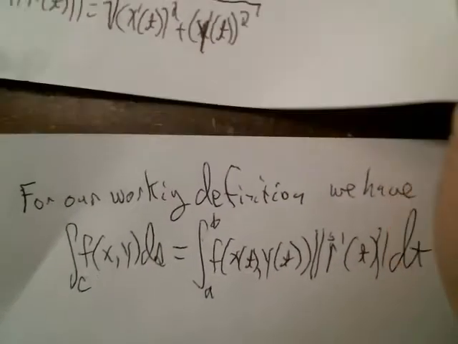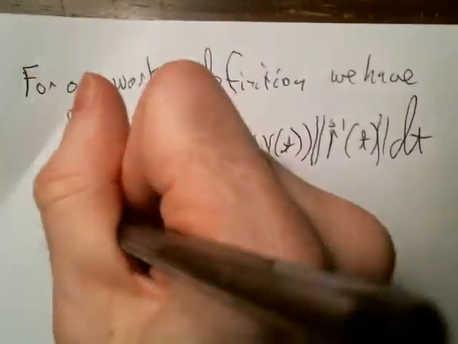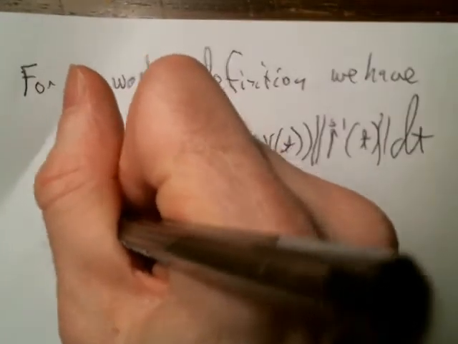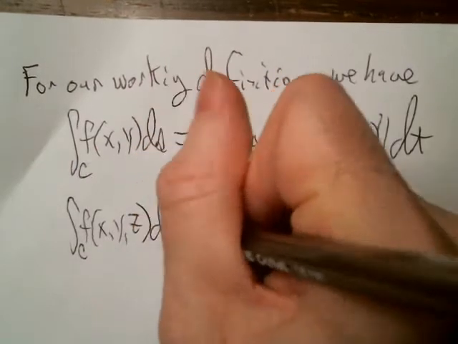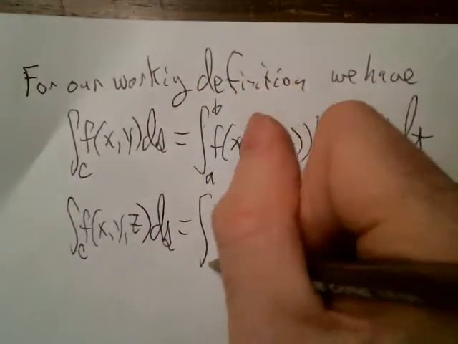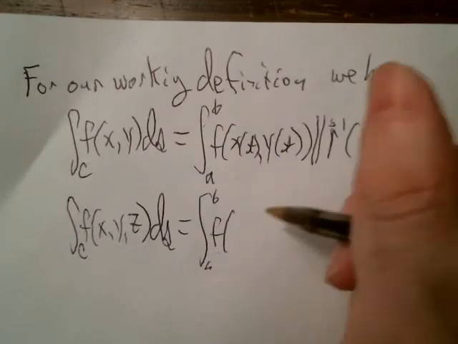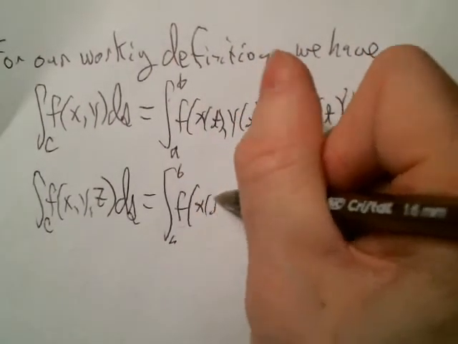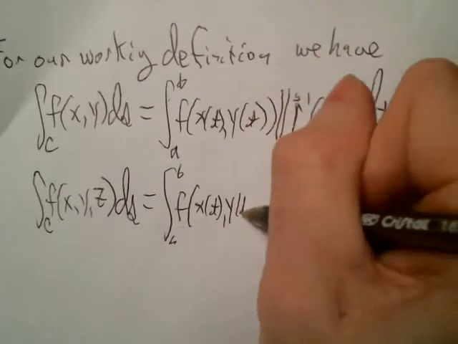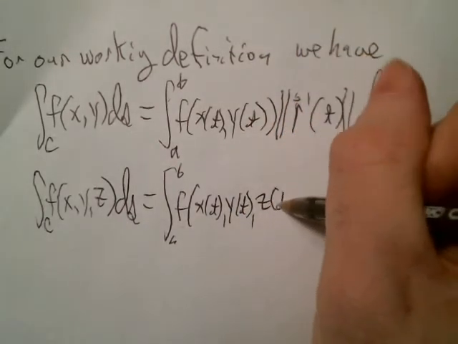Then you can take this up into higher dimensions with extra variables quite easily. It's just the same spiel, but now you just tack on one more variable, right? So this would be x of t, comma y of t, comma z of t.